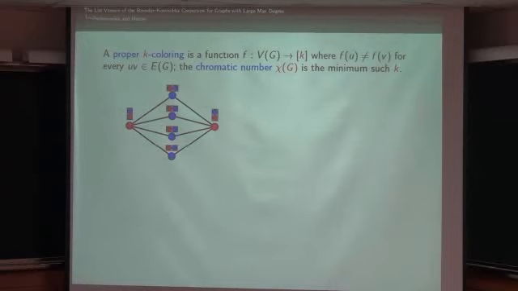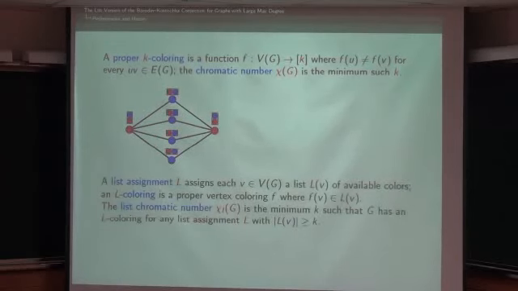So a natural generalization is called the list chromatic number, which I'll introduce this way. A list assignment assigns to each vertex some list of colors that might be used on that vertex. So here in this graph, every list is the same. Every vertex has the 2 same colors available, namely red and blue.